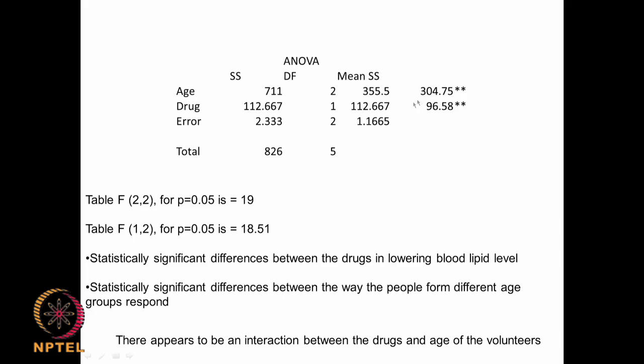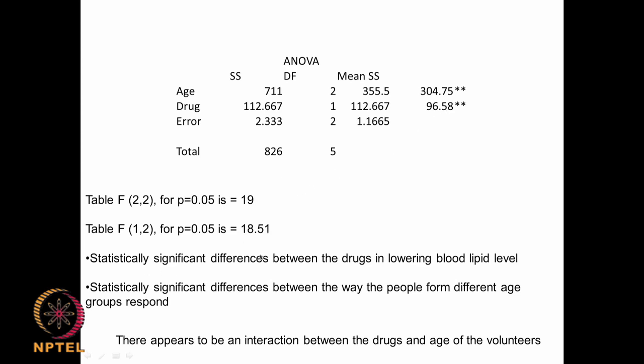Okay, 19. So this is large. So obviously age has a significant effect, because we have to reject the null hypothesis at 95%. Similarly for F(1, 2), I get 18.5 from the table, and here you have 96.58. So obviously we reject the null hypothesis.